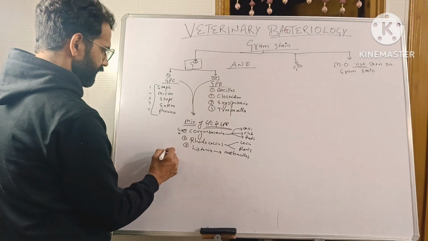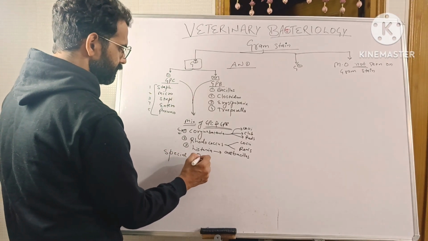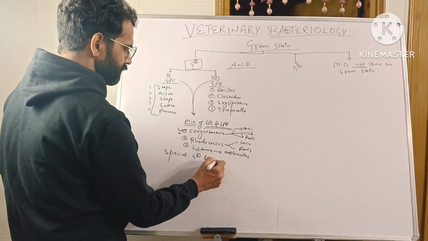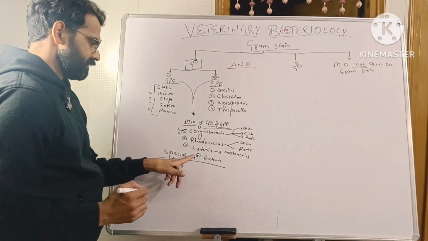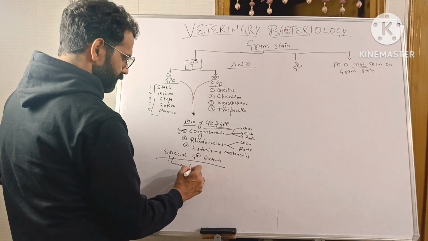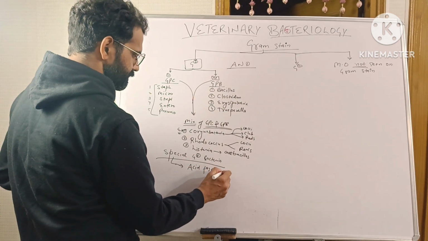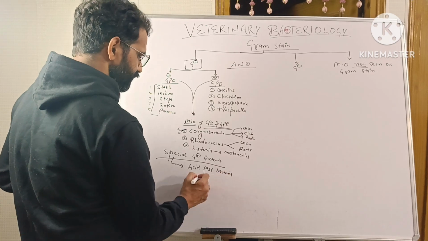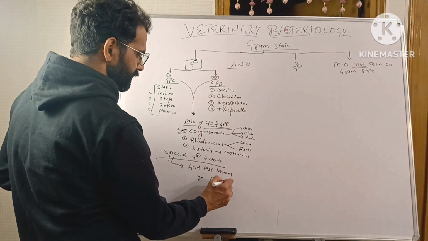There is one more category. We call them special gram positive bacteria. Why are they so special? Because these are gram positive, but they are acid fast bacteria. The example is Mycobacterium.